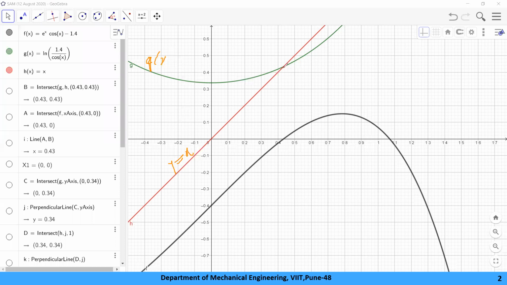Now they intersected here, and this point is nothing but the root. Verify this. This is exactly this B point, the intersection of g(x) and y = x. This is nothing but your root. So if somehow I am able to get this point, that will be your root. And the successive approximation method is derived based on this.